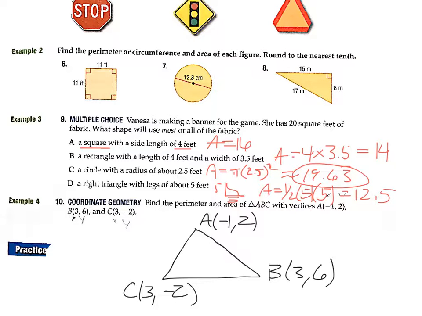But then what I have to do is I've got to do the distance formula. So here's some quick review. The distance formula is x1 minus x2 squared plus y1 minus y2 squared, all under the square root. So you've got to work that out.